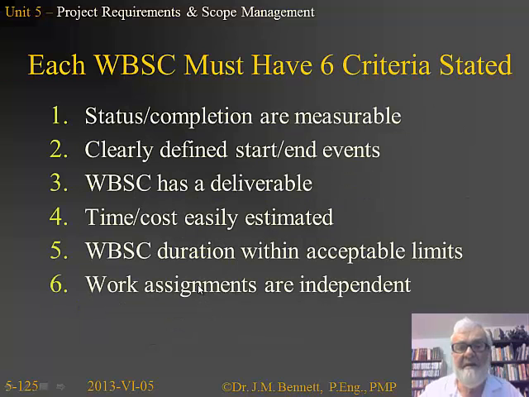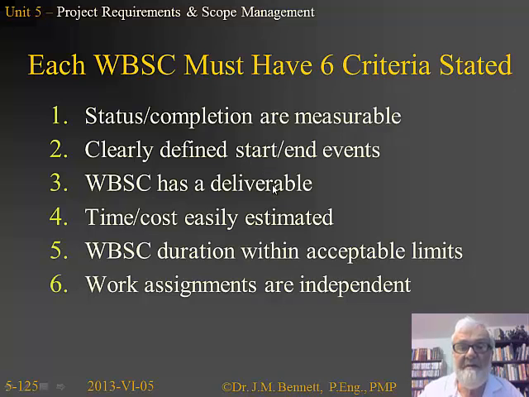Each WBSC has to have 6 criteria. The status and the completion have to be measurable. We have to know how far along we are and how close to being completed, and indeed if we are completed, we have to be able to measure that. There have to be clearly defined start and end events. Now they can slip in the sense that we can start no later than or must start after and things like that, but we have to be able to specify a start and an end date.